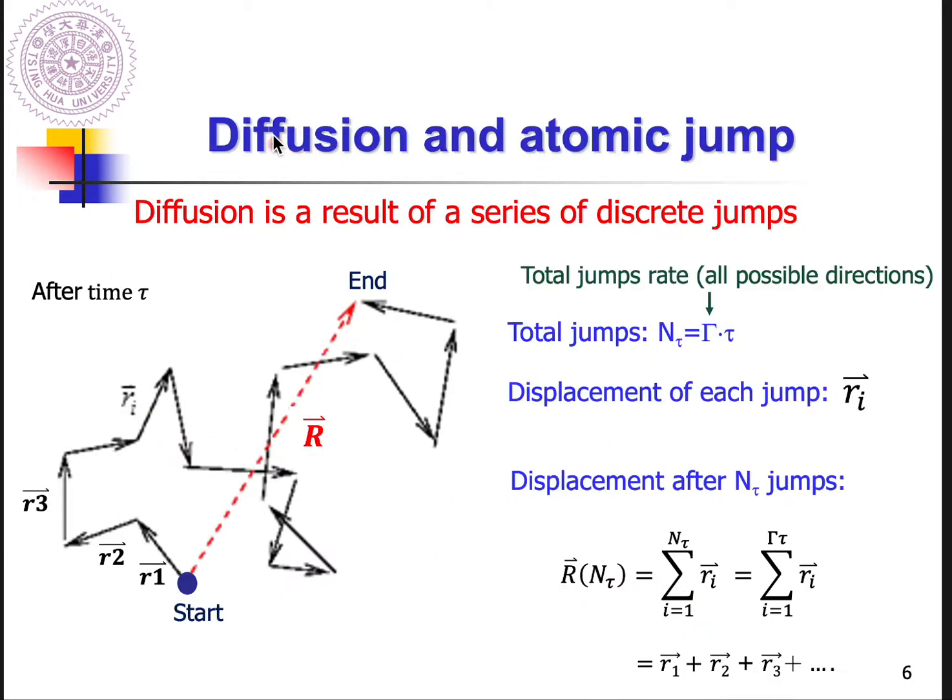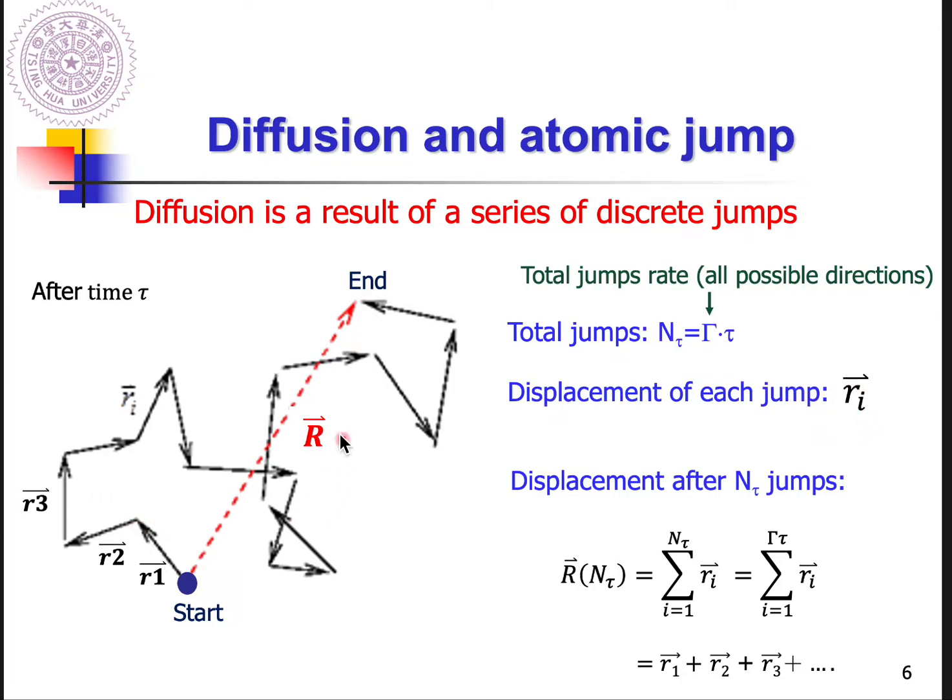We try to correlate the diffusion and the atomic jumping process. So we use the capital R, which is a vector. What's the capital R? That means after time tau, after diffusion, your atoms of interest diffuse from here to here, and the total displacement you call the capital R, and each jump we use a small r to represent.